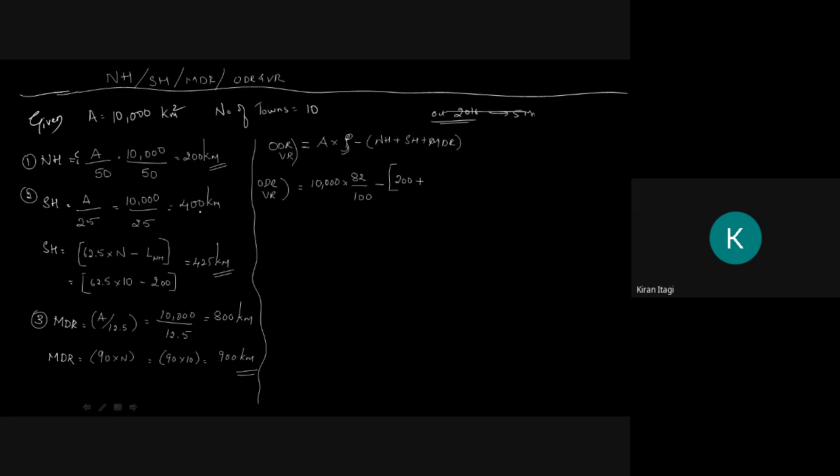We have two here, one is 400 and another is 425, so we will take the greater one, that is 425, plus major district road we have 800 and 900, so we will take the greater one, 900. Therefore, the length of other district road and village road, on solving, will be 6675 kilometers.